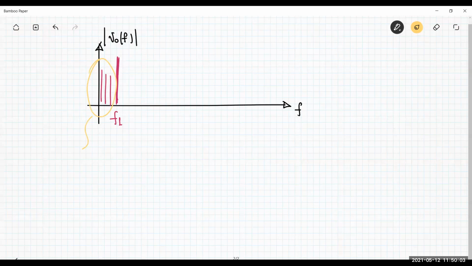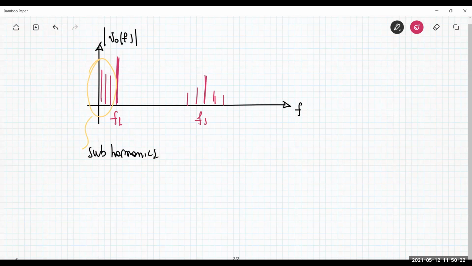These are subharmonics, so harmonics at frequency lower than F1. Of course, you have all other frequency content, intermodulation products, etc.